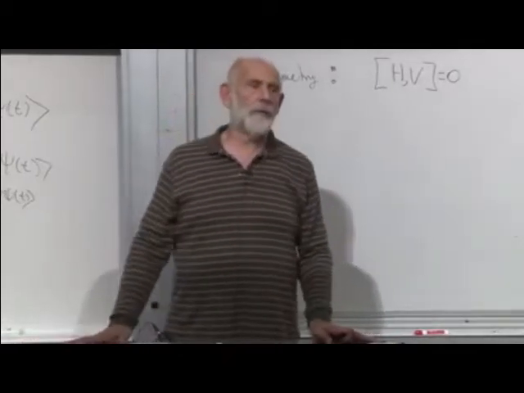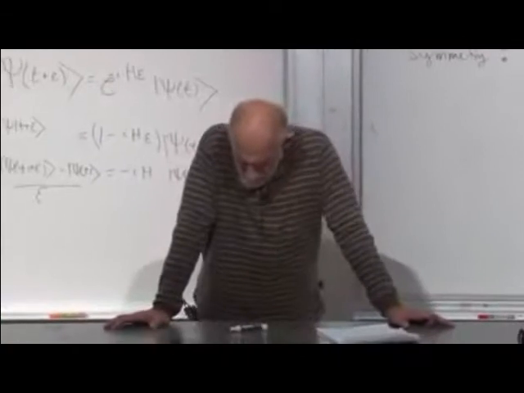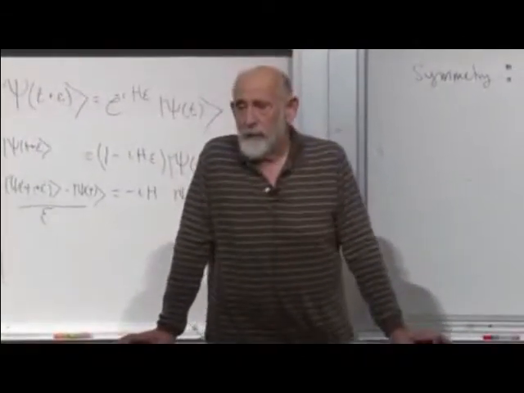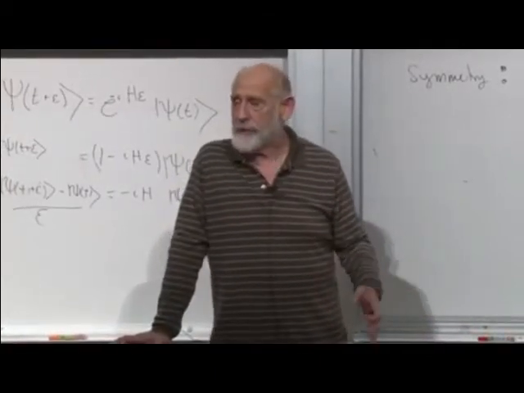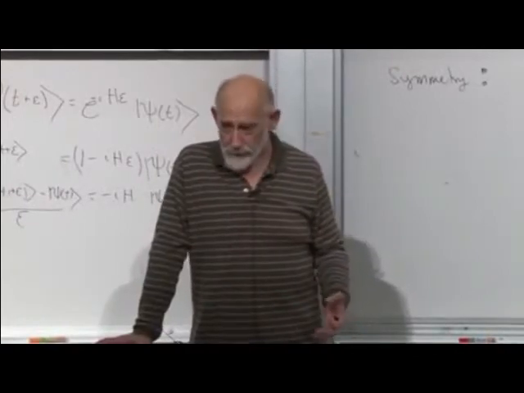Let me give you another example of a discrete operation. Suppose we have a pair of electrons, or a pair of particles, and they happen to be the same kind of particle. A pair of electrons or a pair of protons.